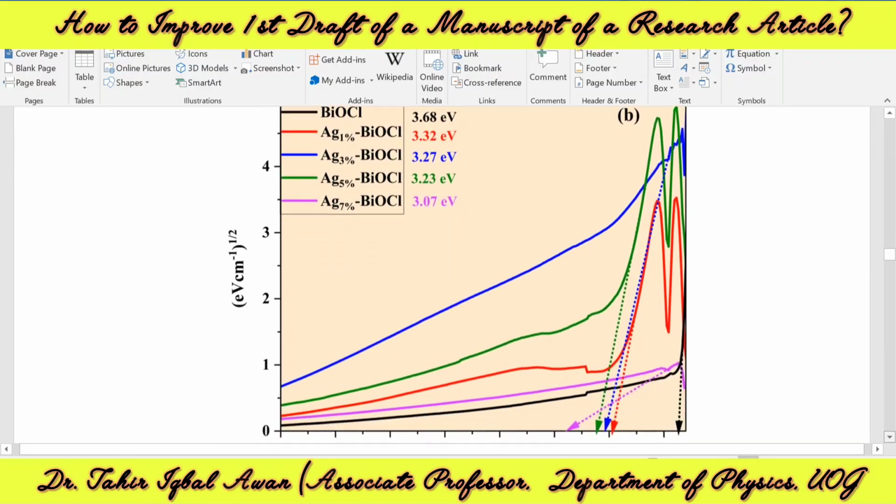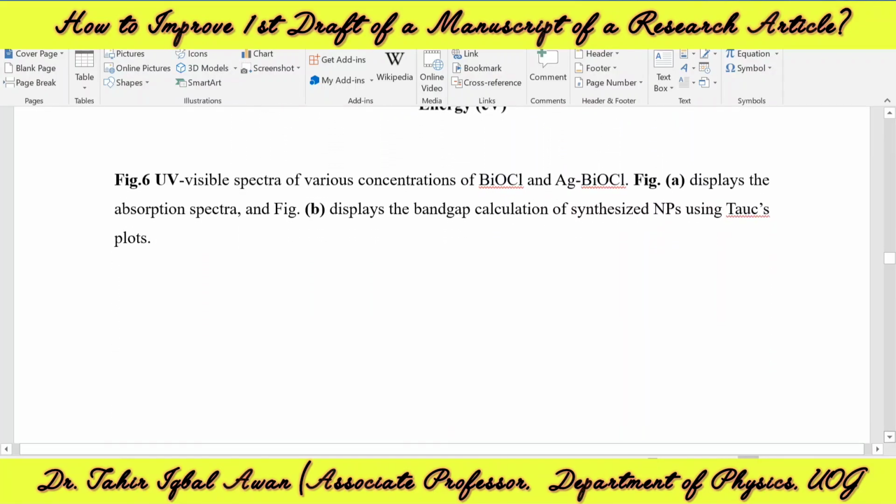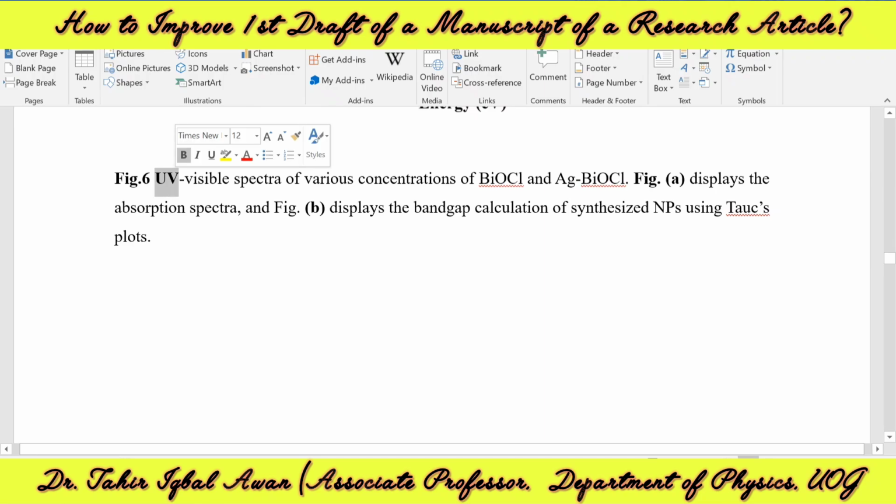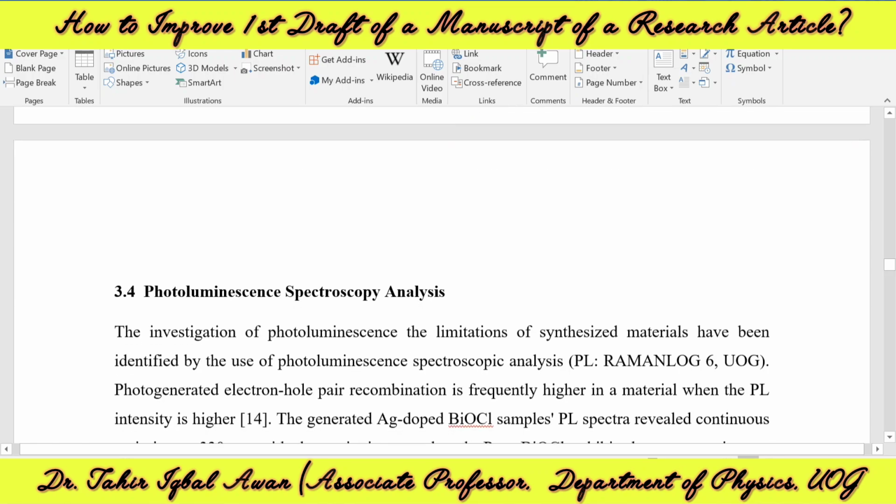So then we are using A and B, UV visible. Now this should not be bold, otherwise all the captions should be bold, and over here you can see fake is repeated 2 times, then that doesn't look nice, so you have to change it accordingly.